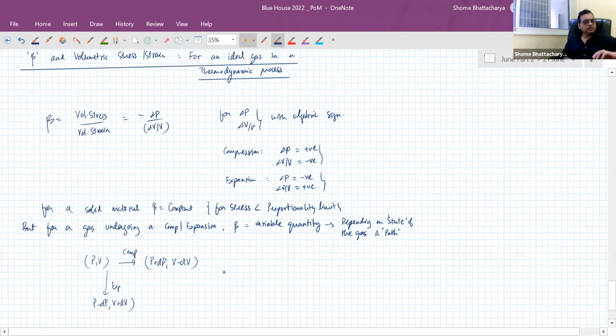Okay. So during this differential change, whether we are looking at this expansion or the compression, the value of Bulk's modulus will be given by this.